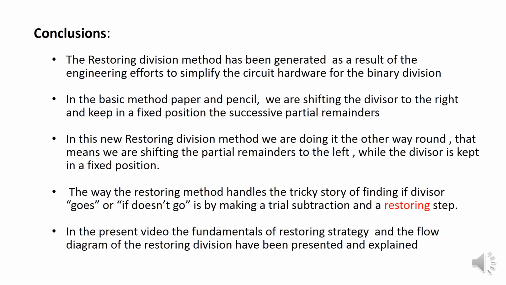In summary, the restoring division method has been generated as a result of the engineering efforts to simplify the circuit hardware for the binary division. In the basic paper and pencil method, we are shifting the divisor to the right and keeping in a fixed position the successive partial remainders.